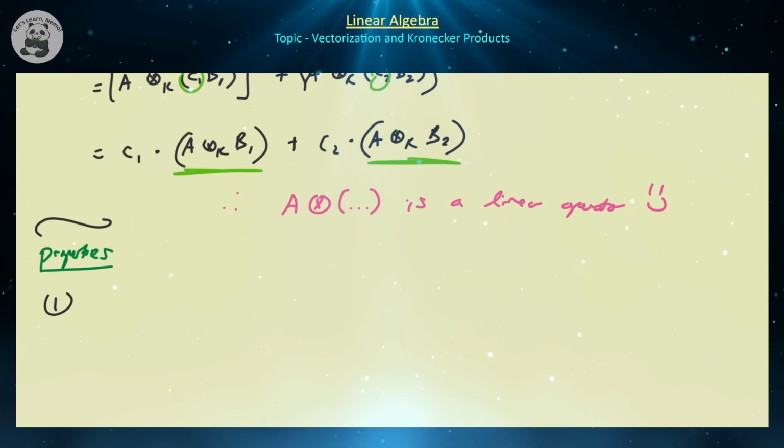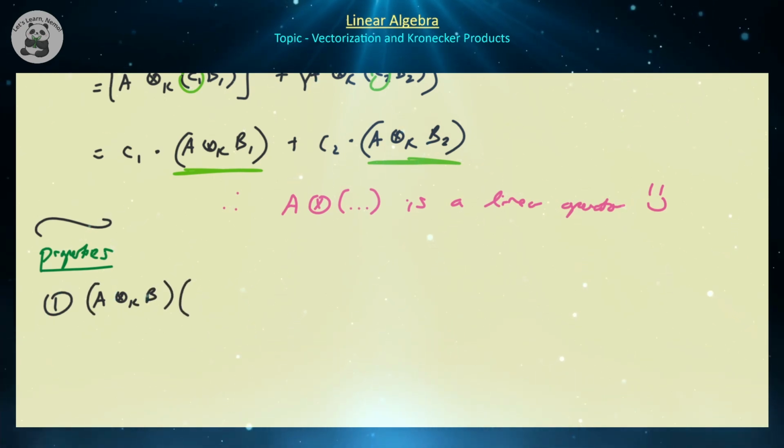So the first of these is what is called the mixed product property of Kronecker products. So A Kronecker product with B times C Kronecker product with D. And obviously these matrices need to be dimension appropriate.